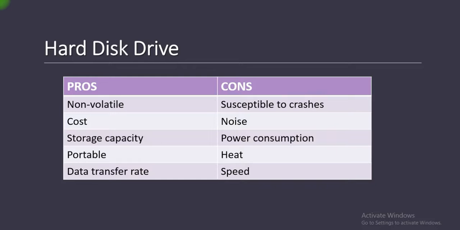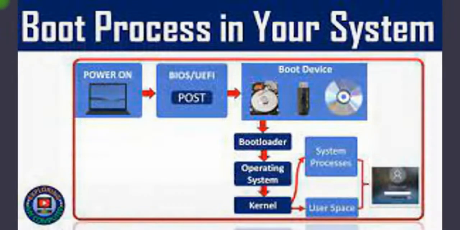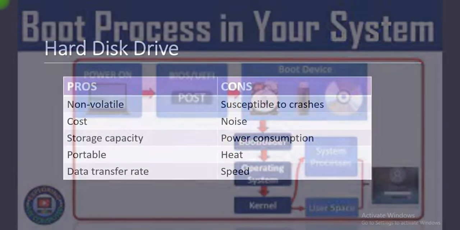When you switch on the laptop or desktop tomorrow, after it goes through the booting process, the operating system must be fetched from the hard drive, the permanent storage, and placed into memory to be used. The operating system is used in memory, but it can't be stored there because memory is temporary.